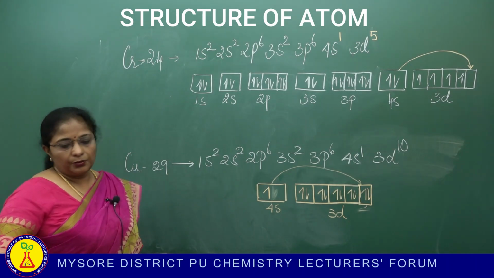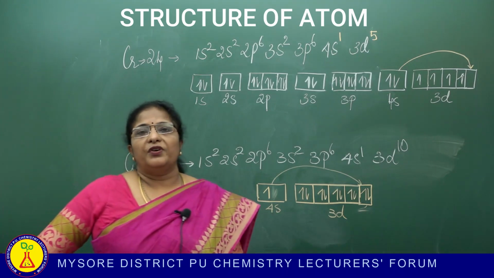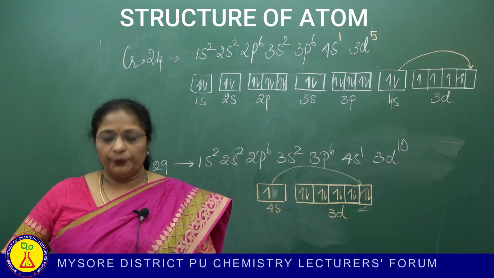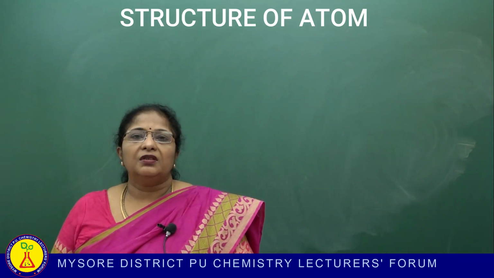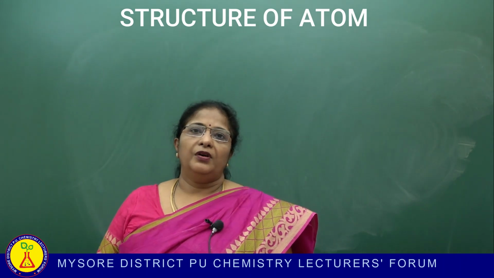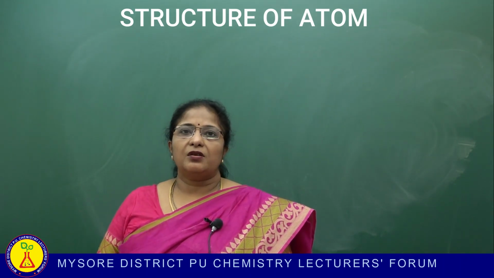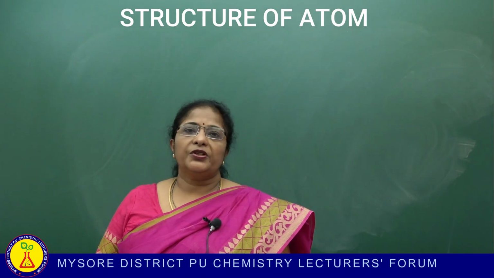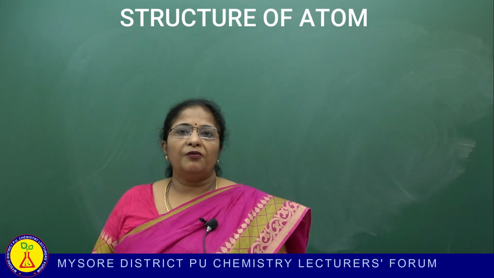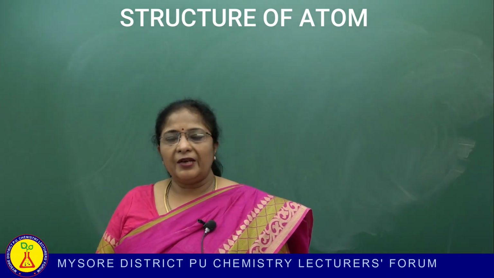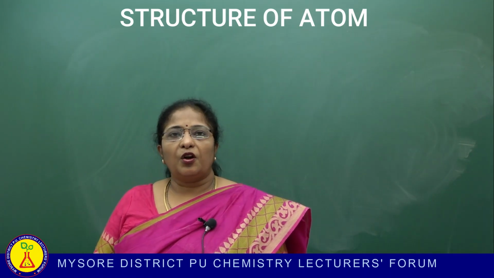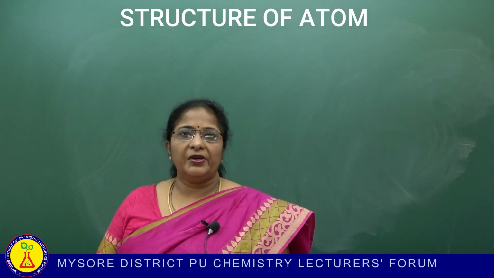So, we expect you to learn the electronic configuration of the first 20 elements. Today we have discussed the various rules which are required for the filling up of the orbitals. The first one is Aufbau's principle, 2 is Pauli's exclusion principle, and 3 is Hund's rule of maximum multiplicity. Then we learnt about writing the electronic configuration of the first 10 elements.